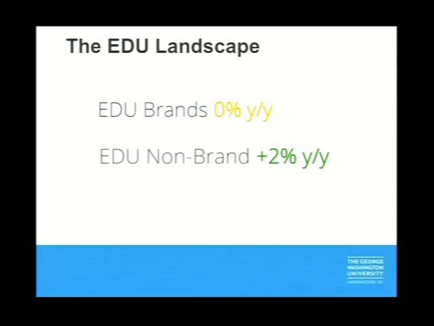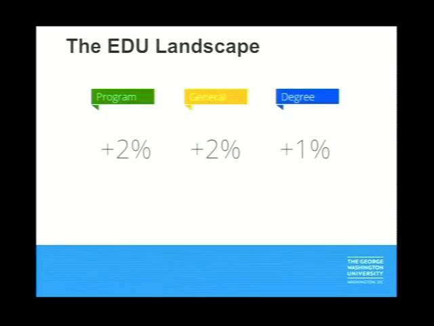They're searching for things like programs. You've seen 2% growth in nursing, political science, business for specific programs, 2% growth for things like online education, universities in Washington, D.C., other general searches like that, and then 1% growth by program: PhD, master's, bachelor's.